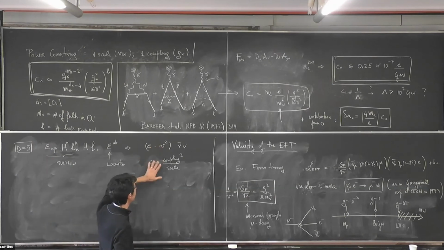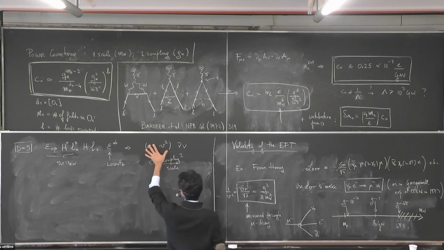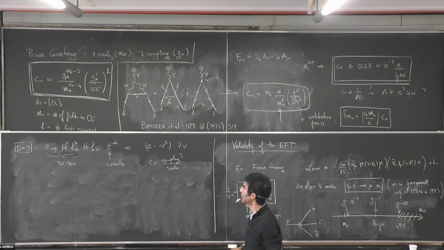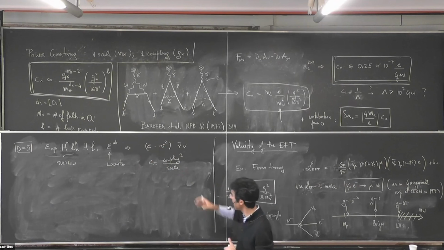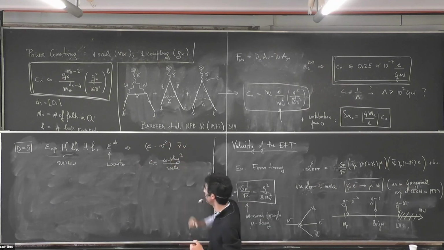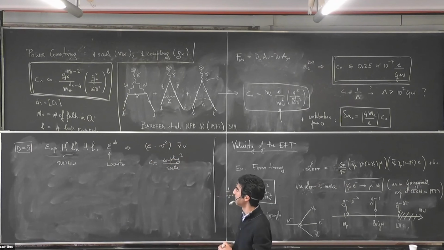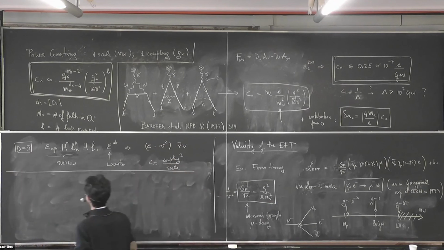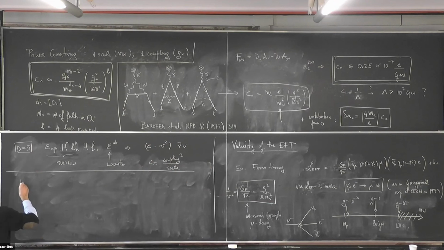Of course, again, we don't know the scale because we don't know the coupling. If this coupling is of order 1, then the scale turns out to be of order 10 to the 14, 15 GeV, which is the seesaw mechanism. So again, you need to make assumptions on the UV dynamics.